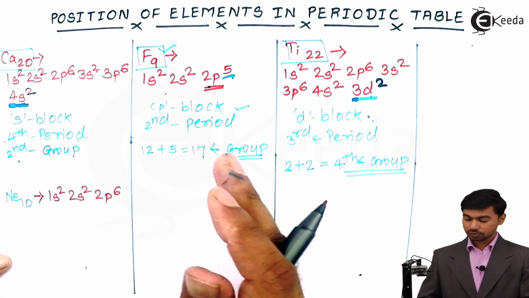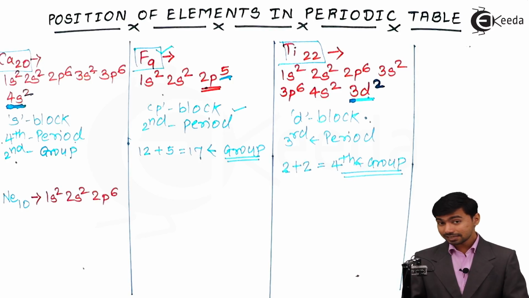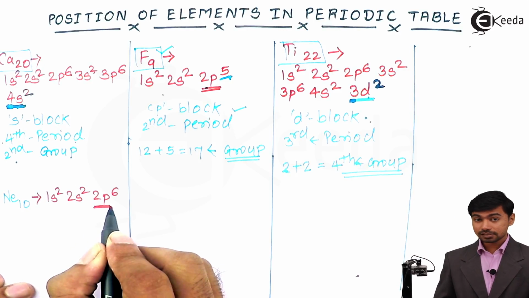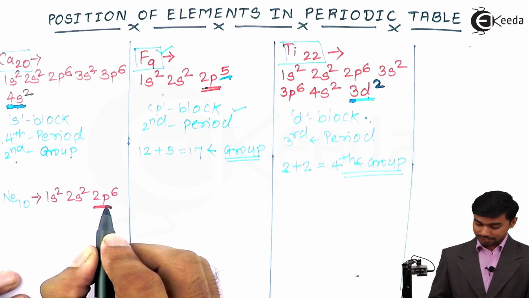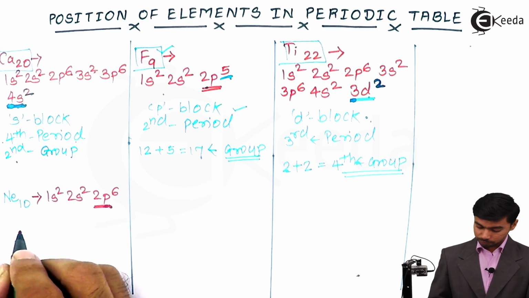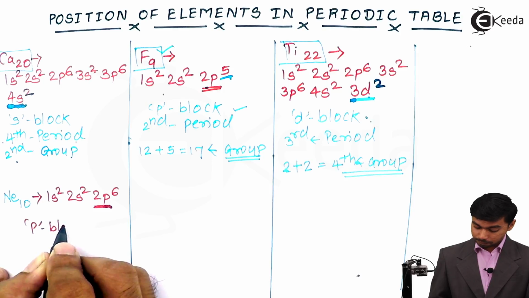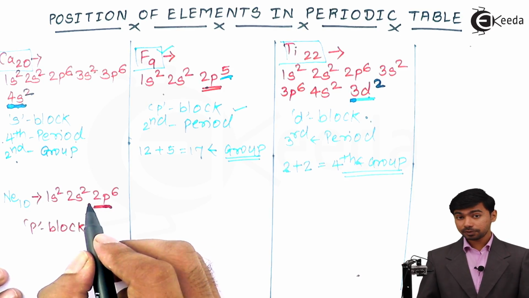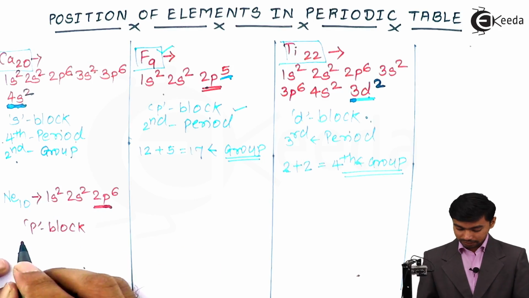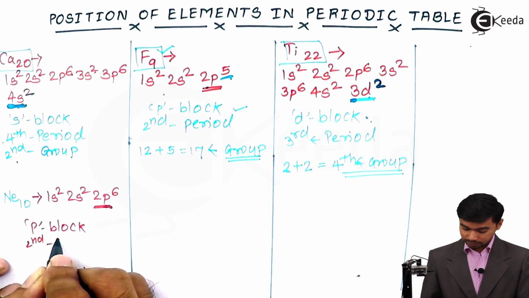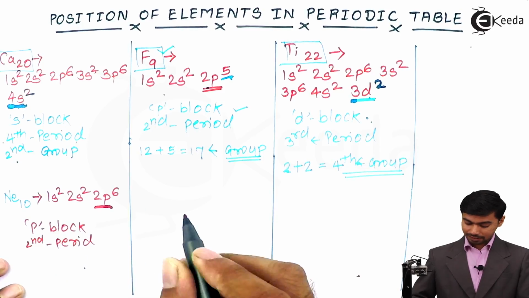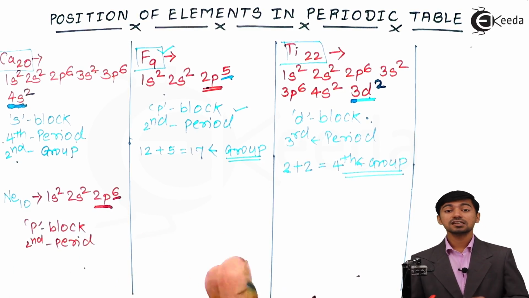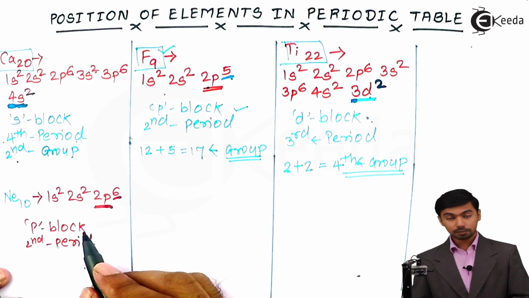After these three examples, we can easily say that the last electron is in 2p. That means as the electron is entering p, it is a p block element. As the number before p is 2, it is in the second period. And as the number of electrons in p is 6, it is the 6th group of the p block.